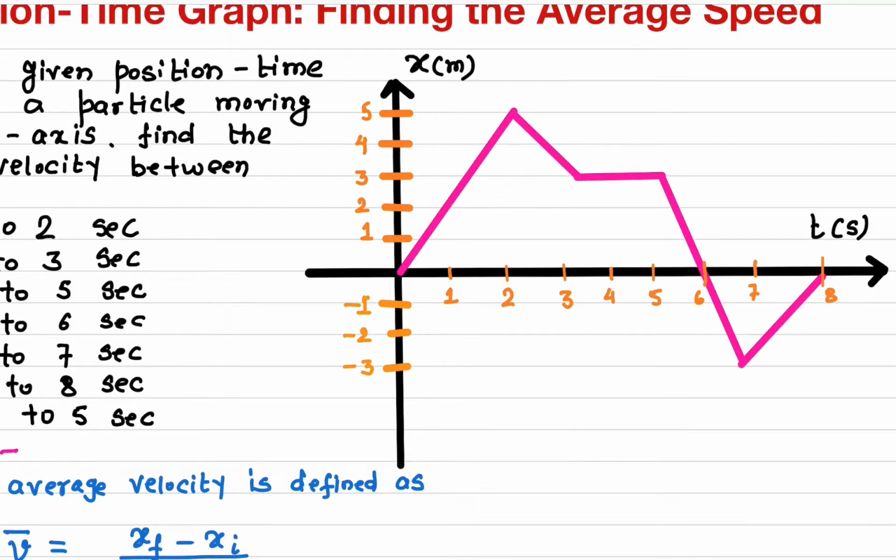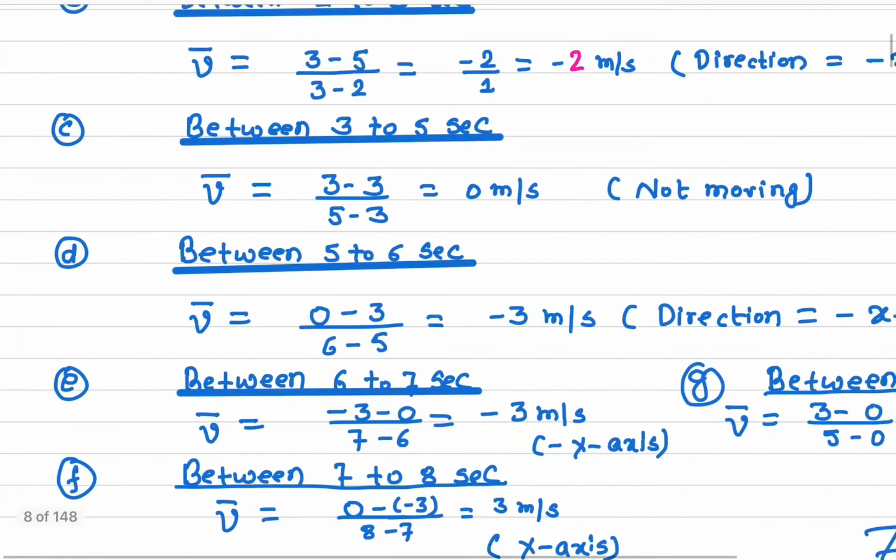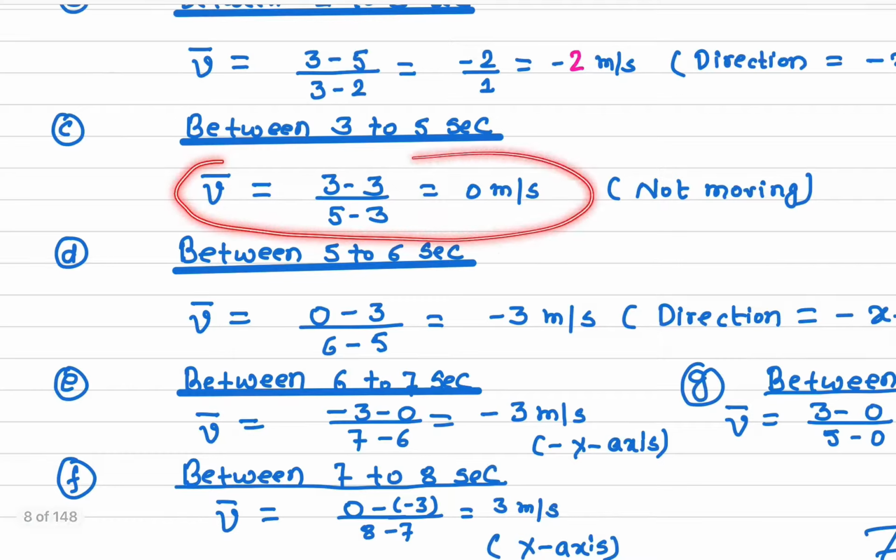The particle is not moving at all. There is no change in position between 3 and 5 seconds, so the object is at rest. The final position is 3 and the initial position is 3, which gives 0 meters per second. That means the particle is not moving at all.